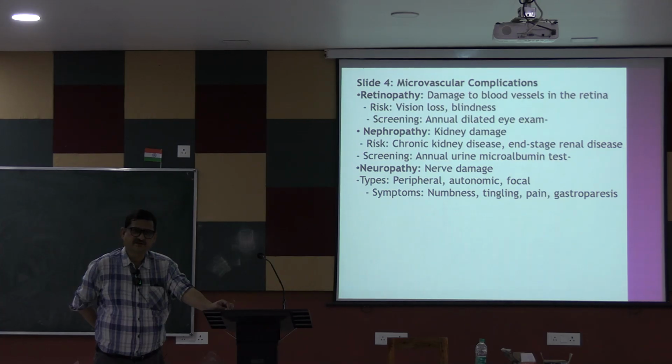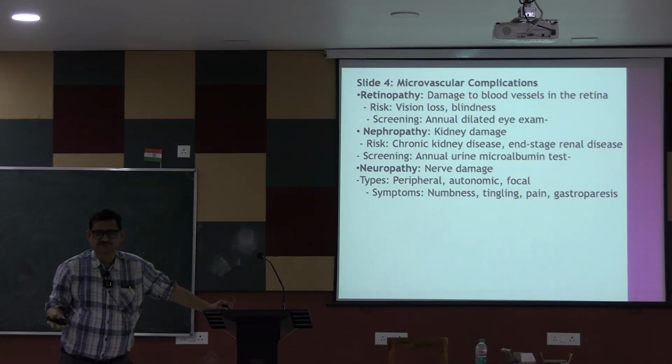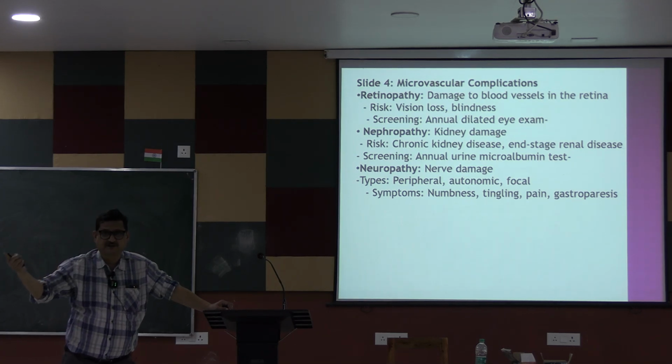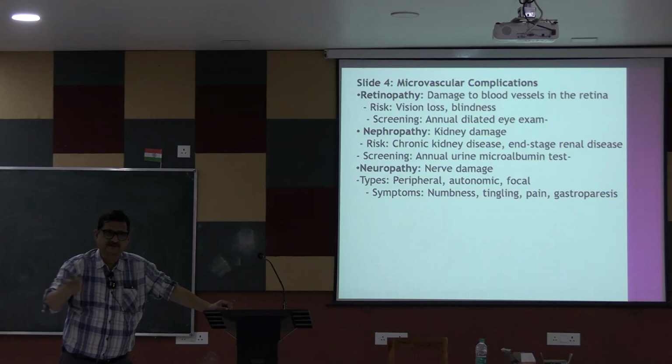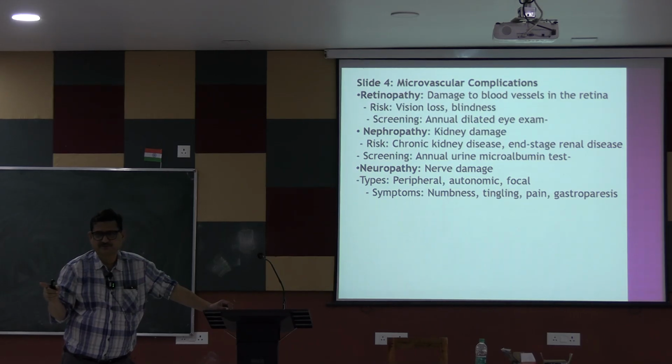Sweating is an autonomic response. Palpitations, when you're running, our pulse is going up. This is also an autonomic response. So, if the patient is having high fever but his pulse is not going up, we should keep in mind that there is an autonomic problem.